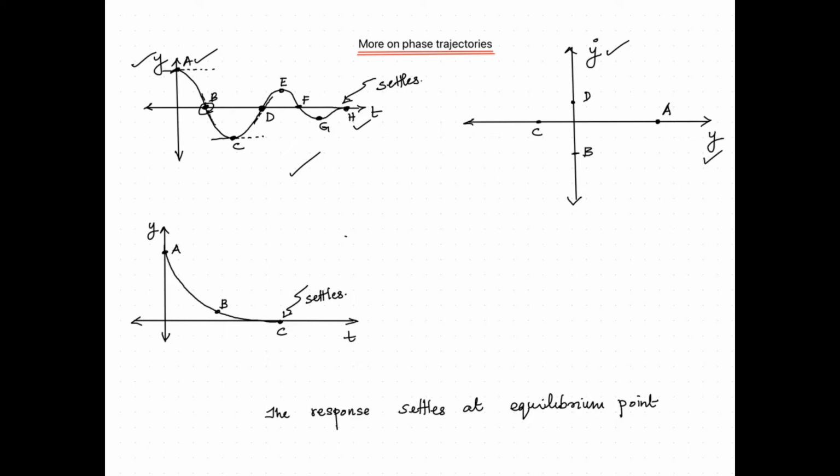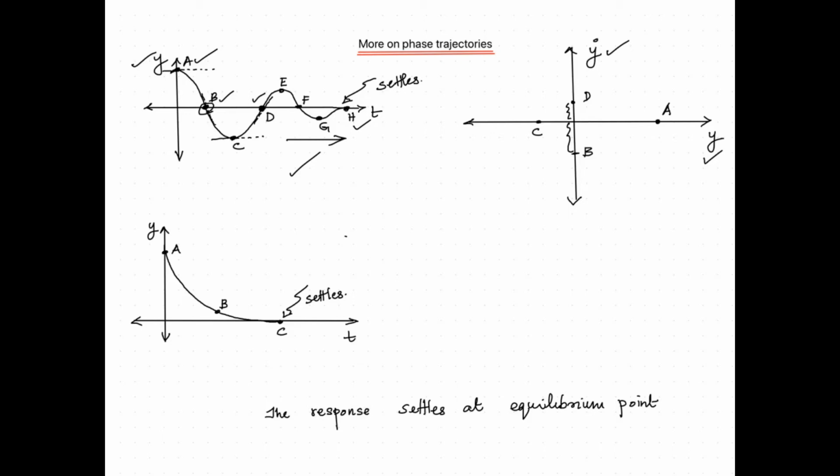We can see that if you compare the magnitudes of slopes of B and D, B would be more than D, because as time passes, the signal is attenuated. Hence the slope at D would be less than the slope at B. Hence we can see that this magnitude is more than this magnitude.